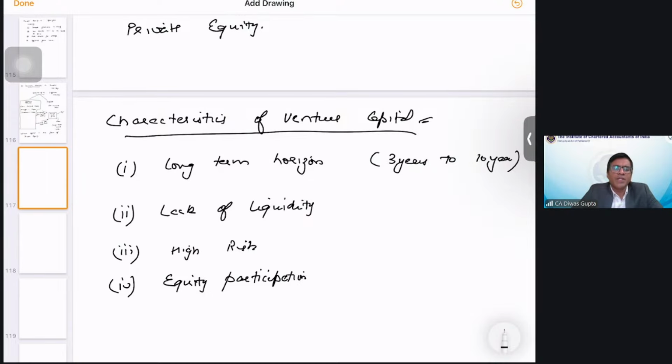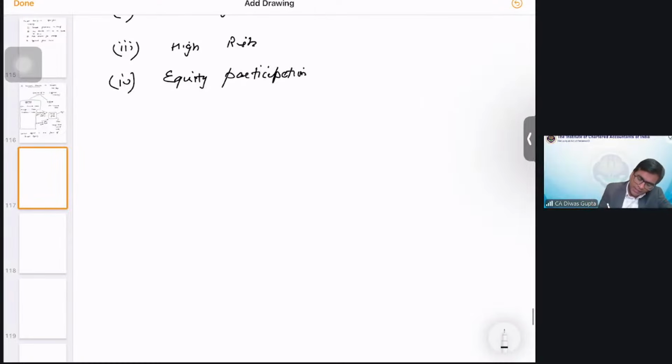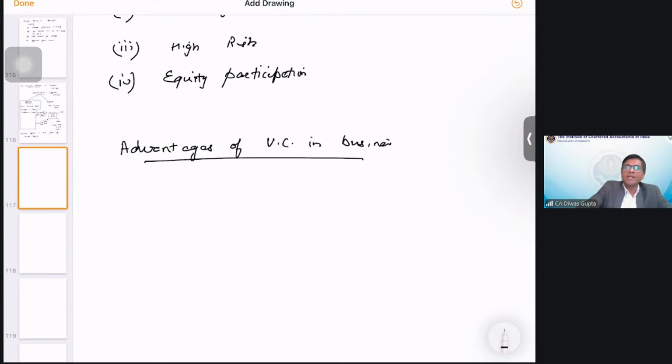Now comes the advantages of bringing the VC into the company. So what are the advantages of bringing in venture capitalists? I think some of the advantages we already discussed, right? So the biggest advantage is that you get a long-term equity, right?